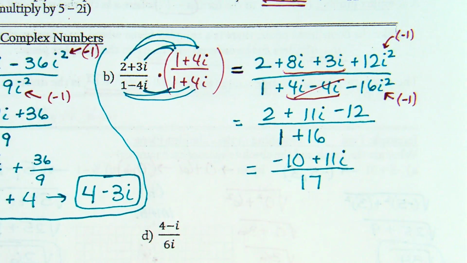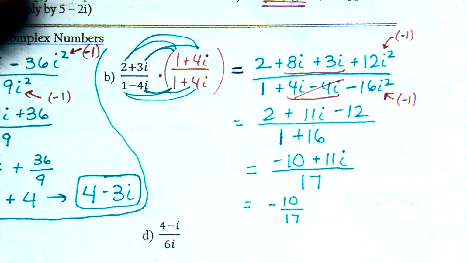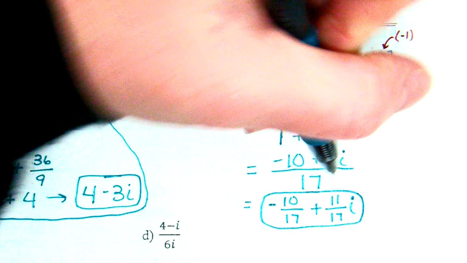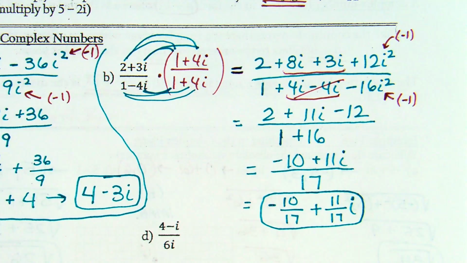So when I split this, I'm going to write the 17 under both pieces. So I'm going to write negative 10 over 17 plus 11i over 17. When I say 11i over 17, you have 2 options. The i can go in the numerator with the 11, or it can go just like an x would, beside the fraction.